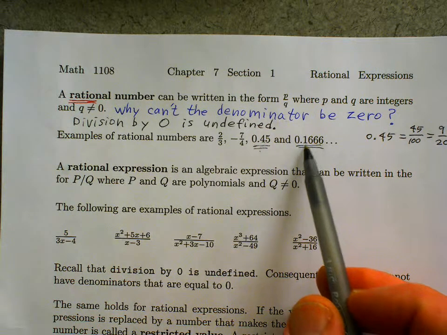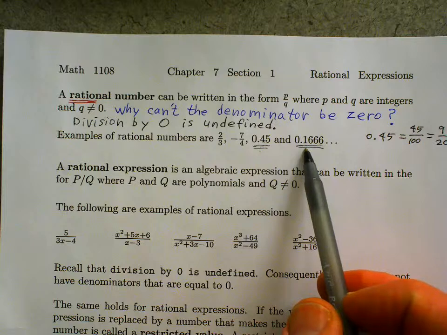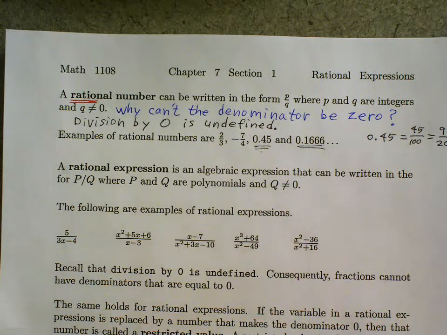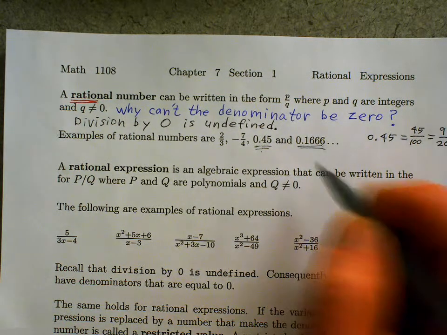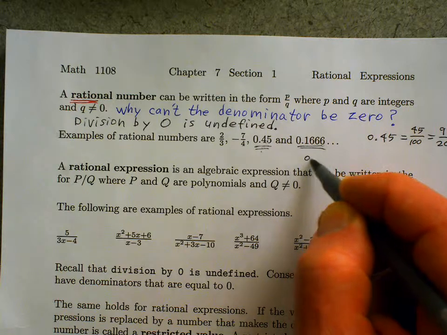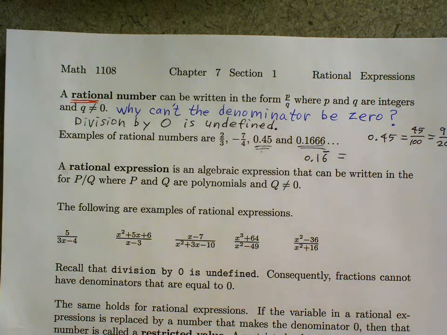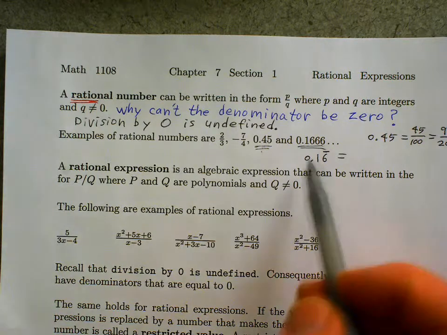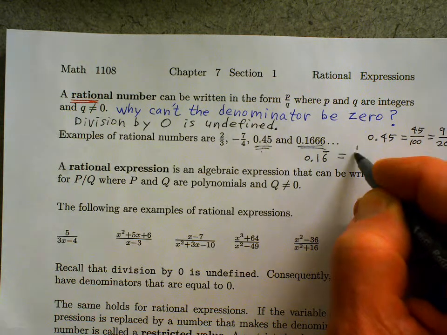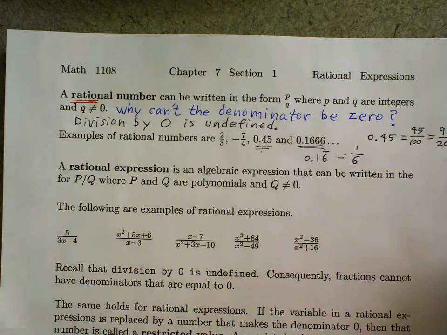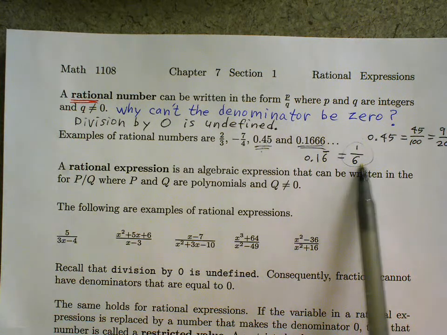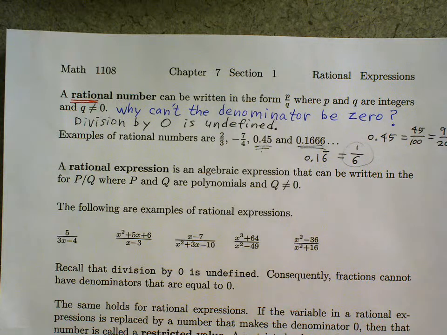Do you know what fraction 0.16 with 6 repeating is equal to? Well, it turns out that this is 1/6. If you divide 1 by 6, you'll get a repeating decimal.